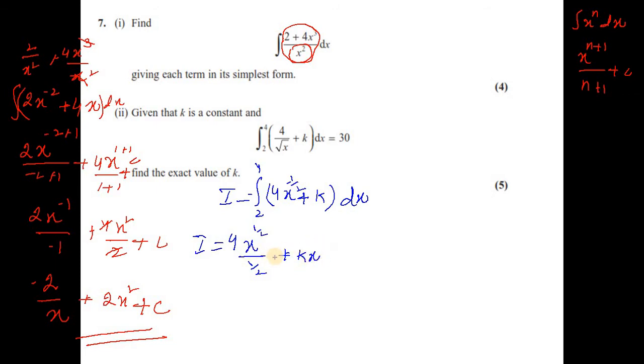So this is the integral, and because this is a definite integral, we don't write c, instead we write the limits 2 to 4. First we simplify this, so this 2 goes up and it becomes 8x to the power half plus kx, and the limit is 2 to 4.